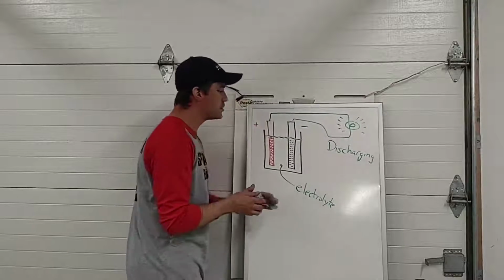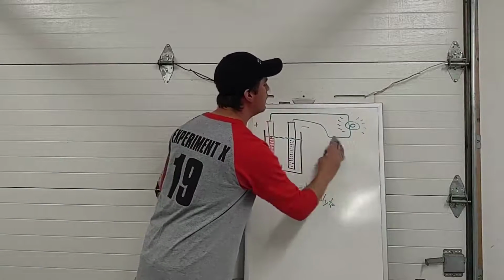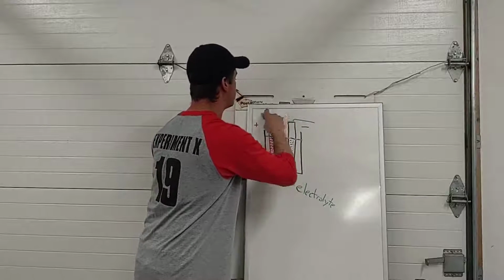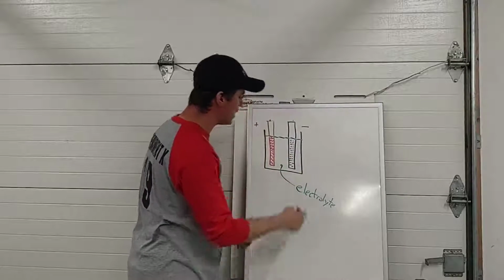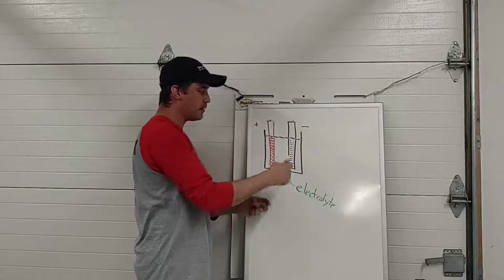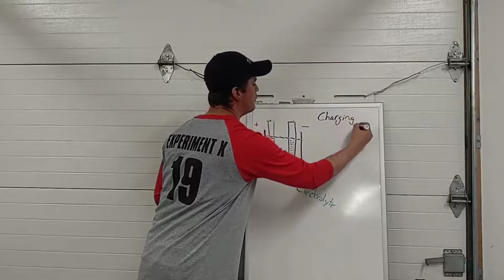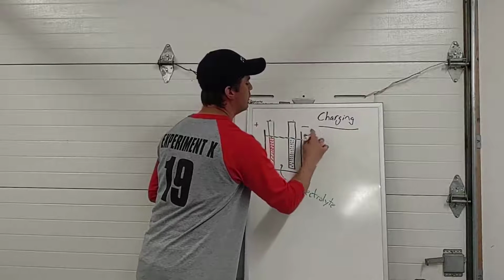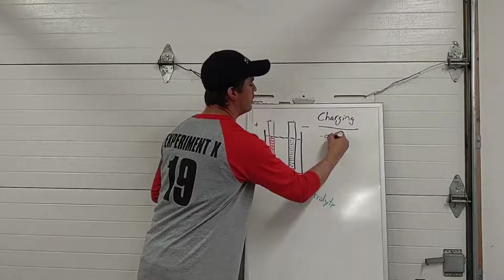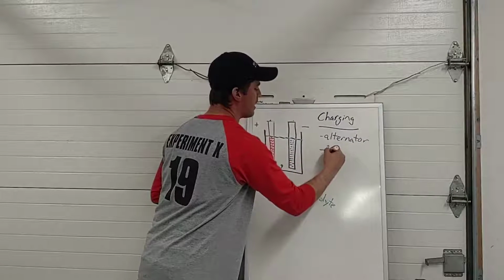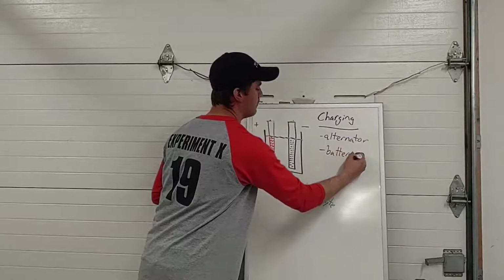So one thing I should point out right now, when this is being charged and you're replenishing that charge, you're building up that imbalance. So either by the alternator as you drive, or a battery charger in the shop.